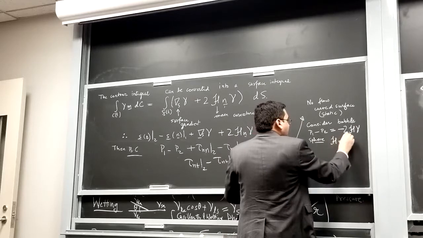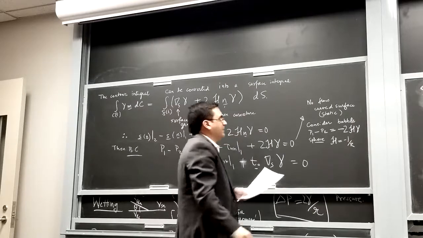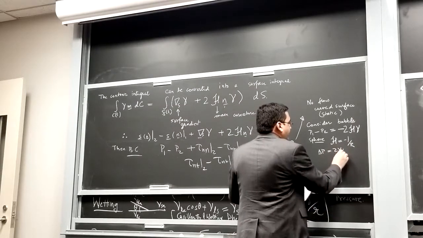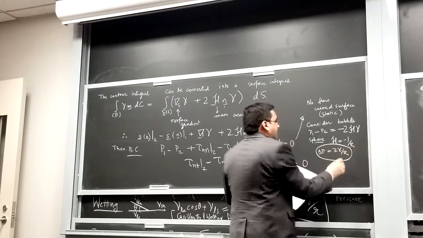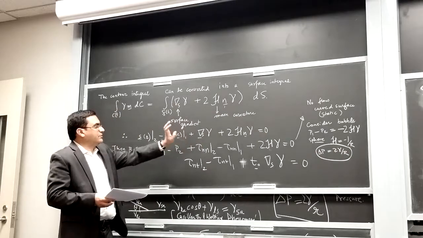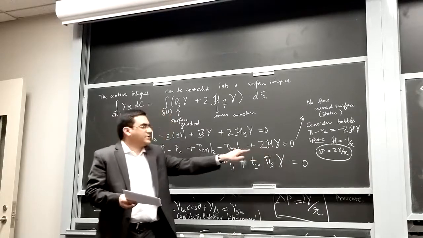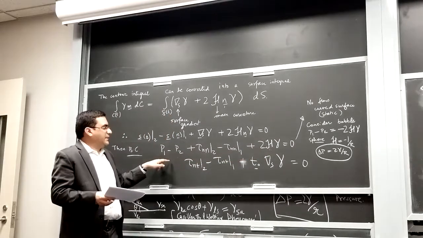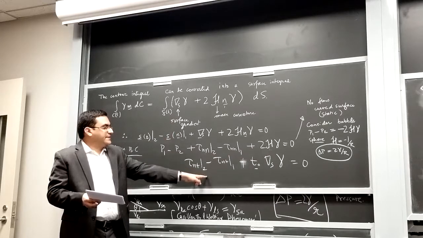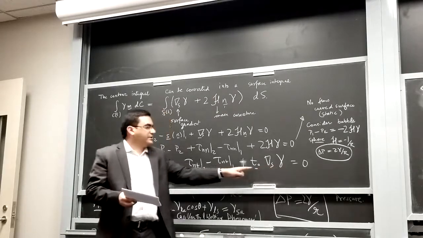But for sphere, it's supposed to be minus 1 over R. And so that gives you delta P as 2 gamma over R, which is the Laplace pressure for a bubble. But the point is, even if there is no flow, you are always going to have a pressure drop as long as there is a curved surface. Now if you look at the second term, what this implies is, if there is ever a gradient in surface tension, that is going to cause flow.